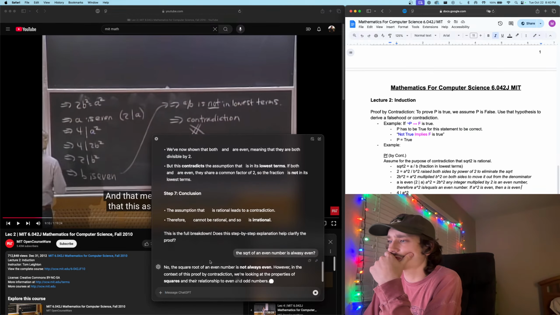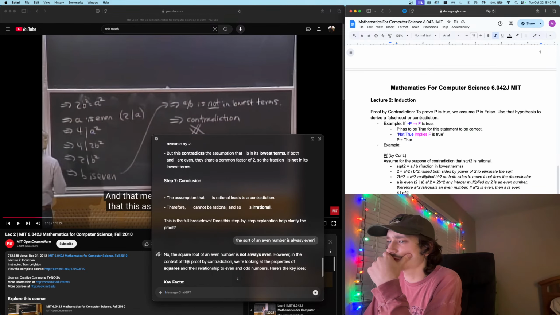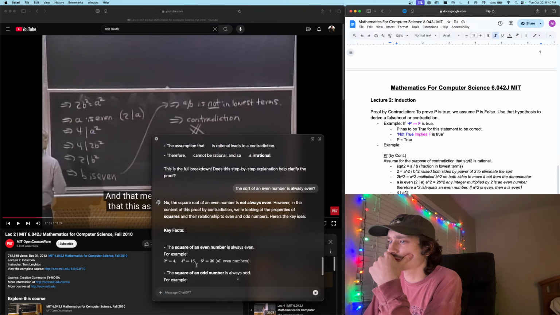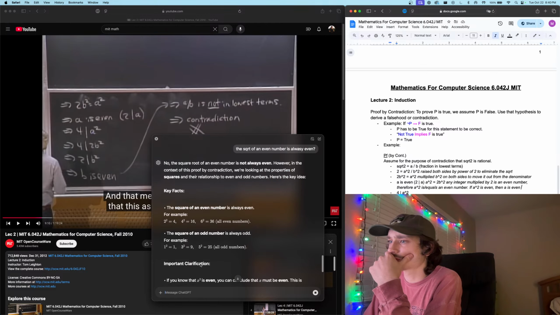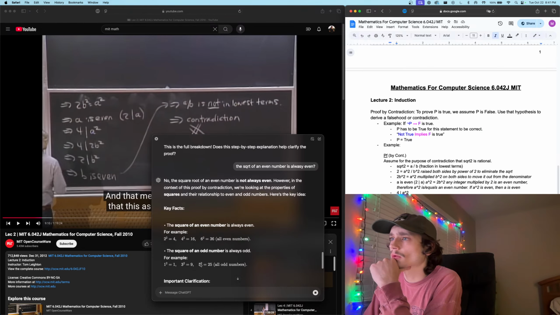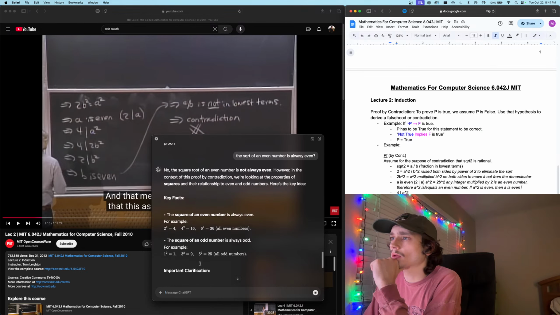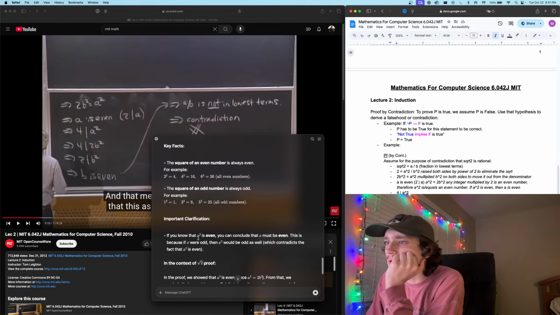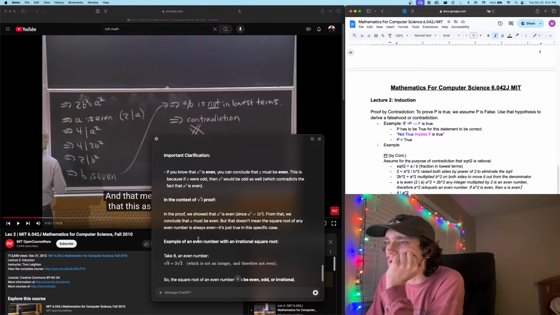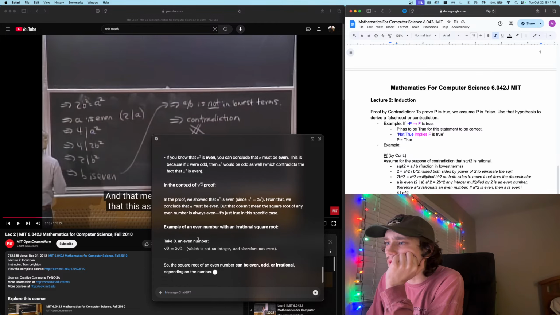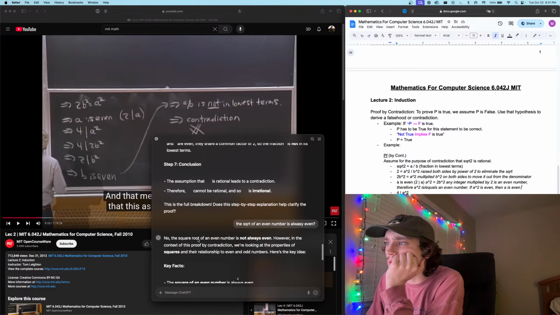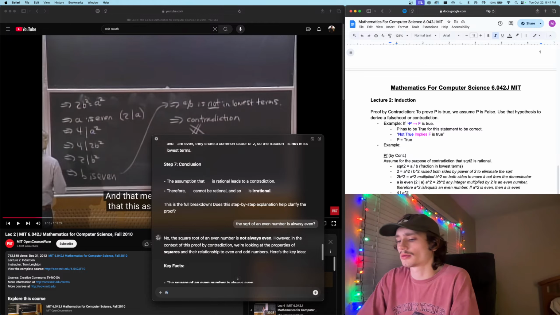No, the square root of an even number is not always even, however, in the context of this solution... the square.